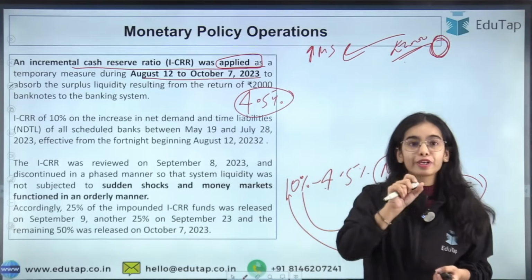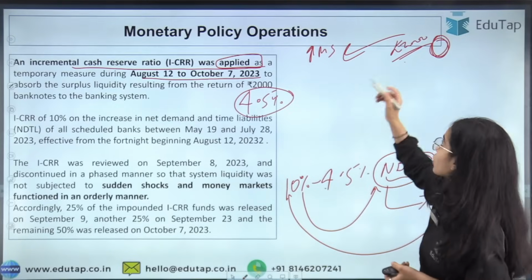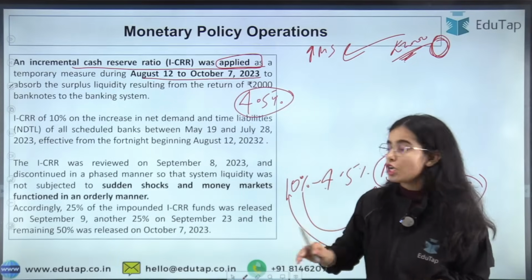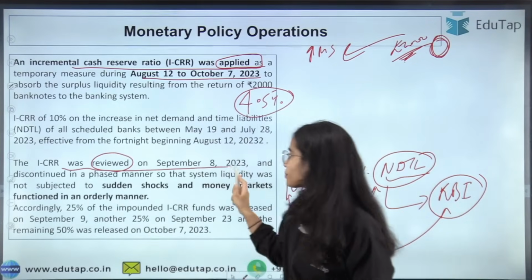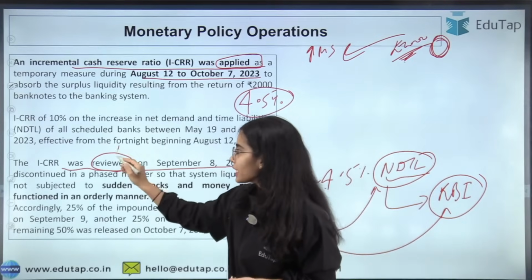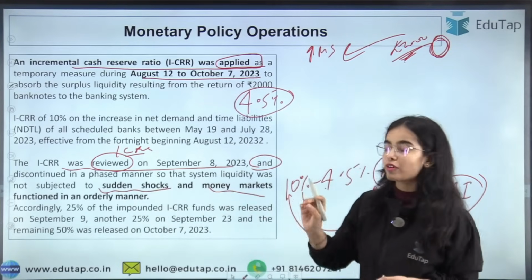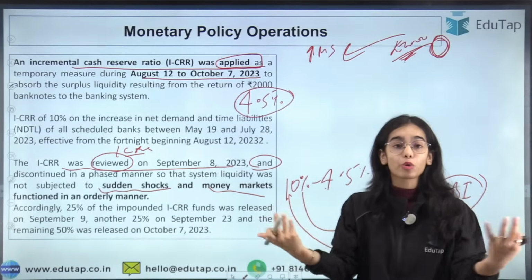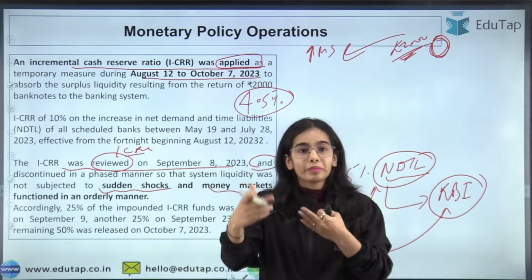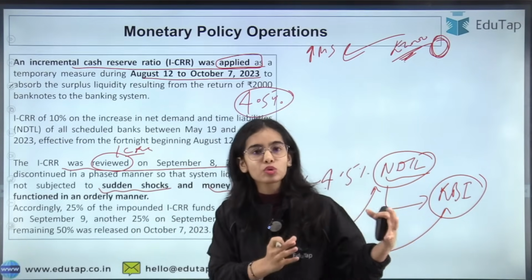So to reduce this kind of sudden money supply increase in the economy, the idea was taken that we will have the incremental CRR. The incremental CRR was reviewed on September 8, 2023 and discontinued in a phased manner. It was brought so that there are no sudden shocks in the money market, that there is no sudden increase in the short-term lending done by the banks, because the 2000 rupees notes are coming to the banks.